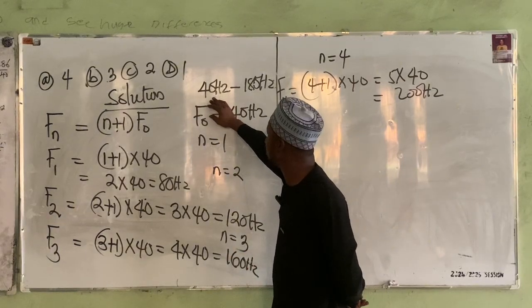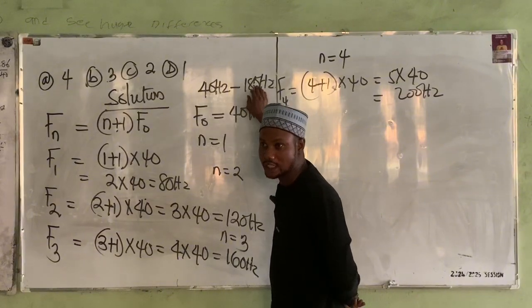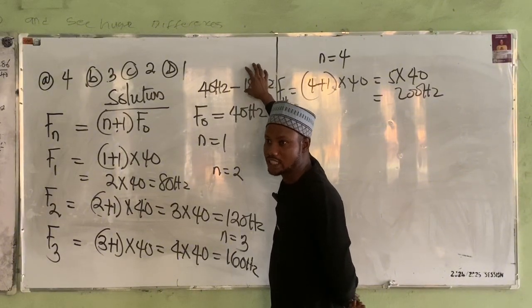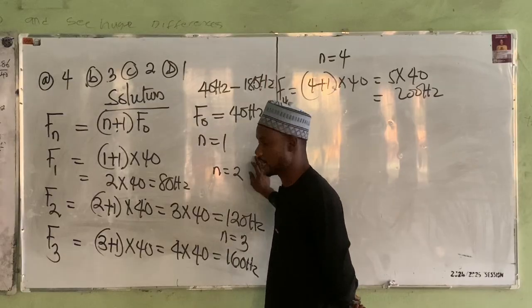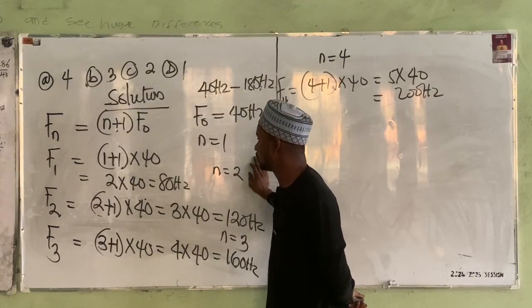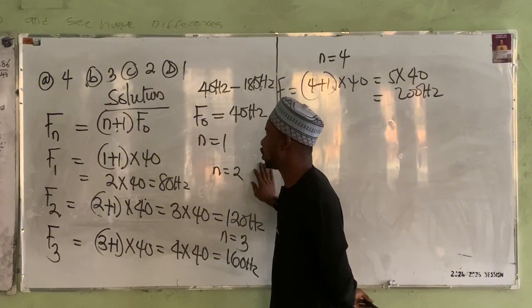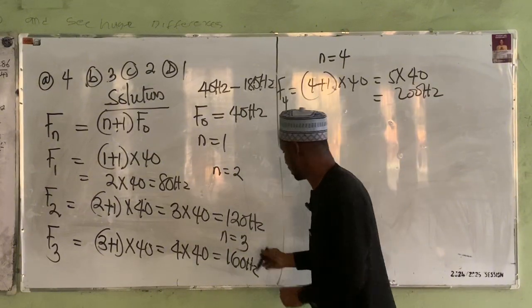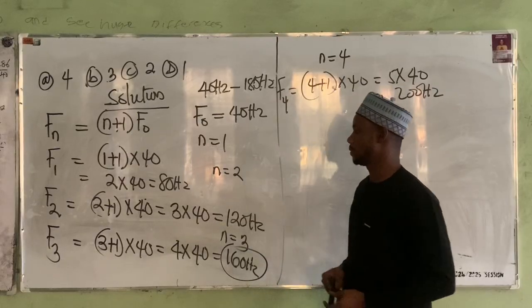We are asked to calculate the overtone between these 40 Hz to 180. That means that overtone will not exceed 180. I hope you get that. So 3 does not exceed 180. So the overtones are 1, 2, and 3. Please take note. 1, 2, and 3. That is the answer.